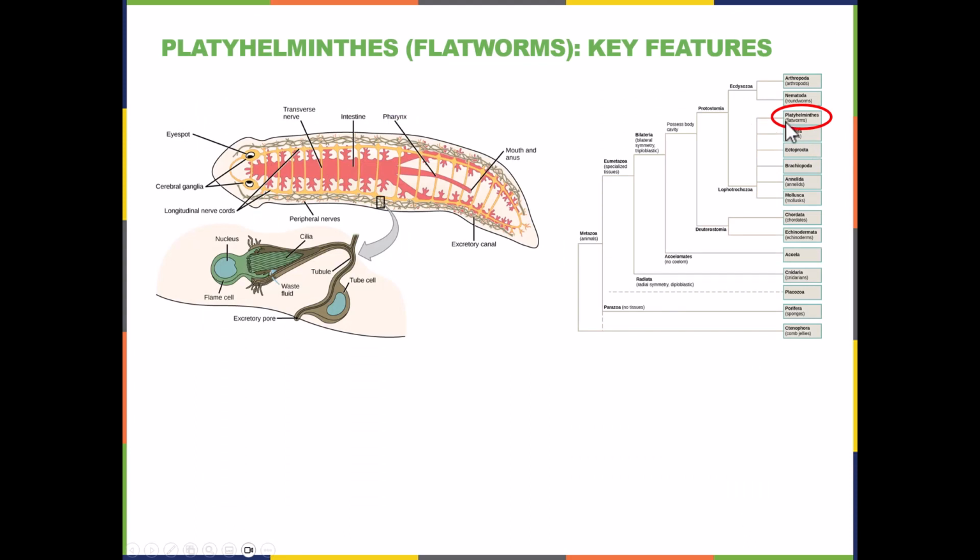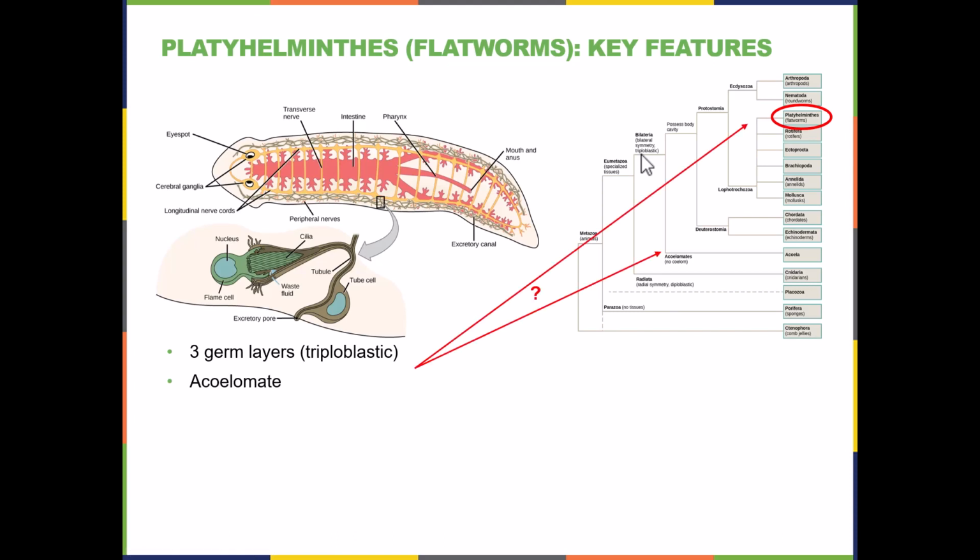We see them over here on our phylogenetic tree. They're bilaterally symmetric. I can cut this animal down the middle and get two equal left and right parts. Organisms that have bilateral symmetry are also triploblastic. They have 3 germ layers. And we can see that back here on our phylogenetic tree. These organisms are acoelomate.